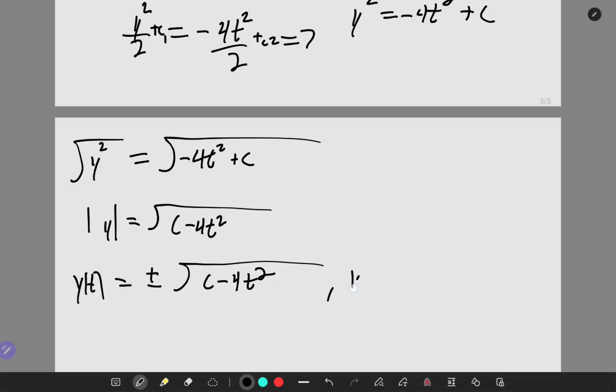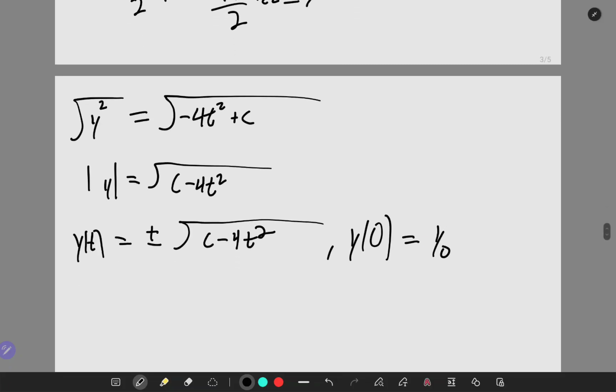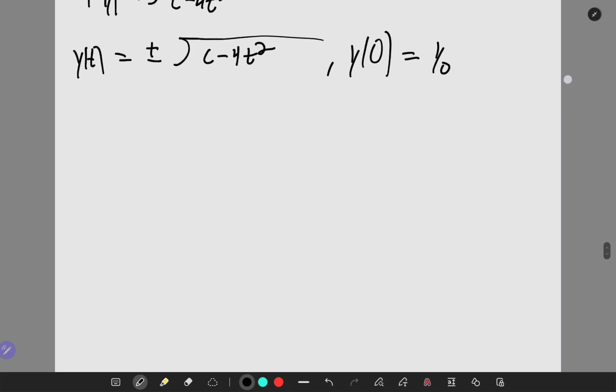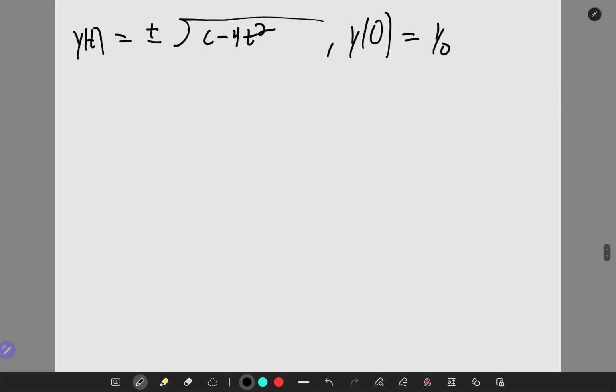So now, this is basically our y of t. Now, we were given y of 0 is equal to y naught, right? So let's plug this into the general solution to find c. So t is 0, which is equal to y naught, is equal to plus minus the square root of c, because t is 0. Because we want to solve for c, we can square both sides.